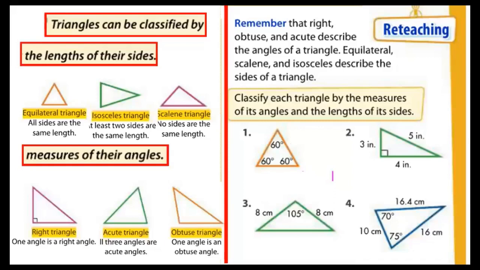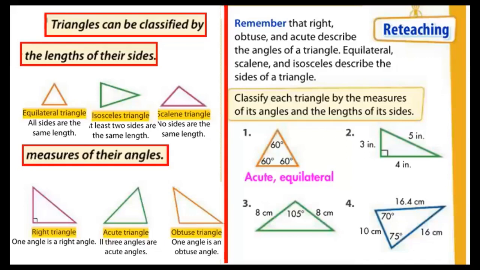Also, in the orange triangle, you will observe that we have three sides equal in length. So I can classify it as an acute equilateral triangle.